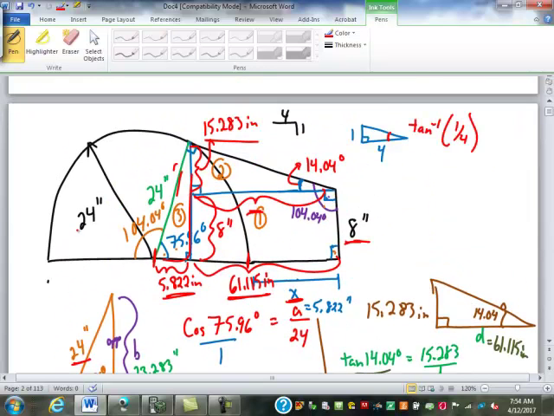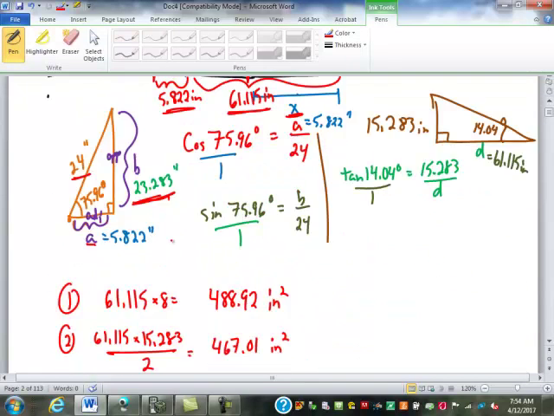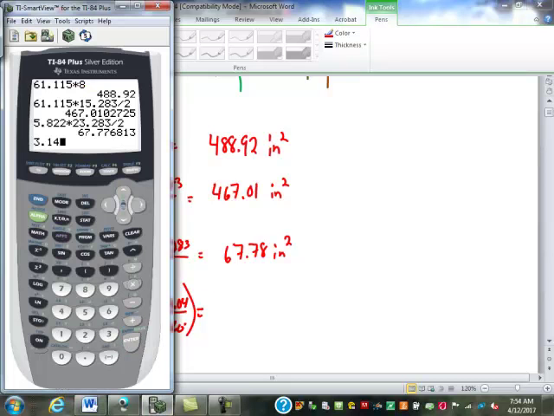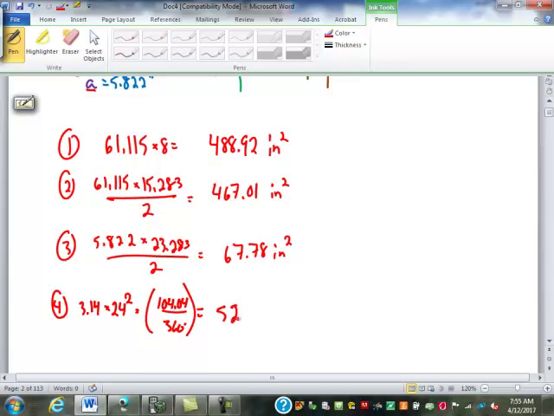So it's going to be the area of the whole circle, pi times the 24 inches squared. So 3.14 times 24 inches squared. And then times that angle of 104.04 over 360. Giving us 522.70 inches squared.